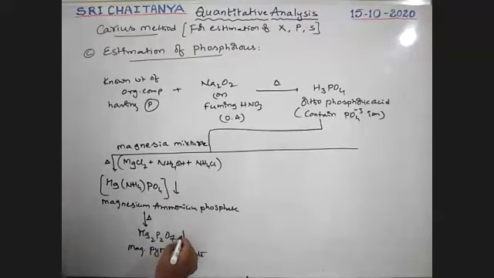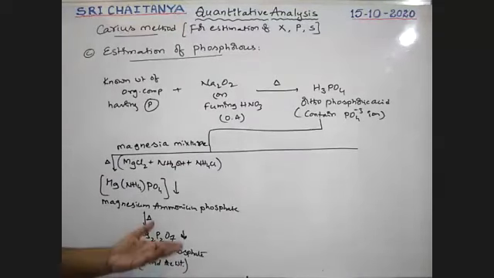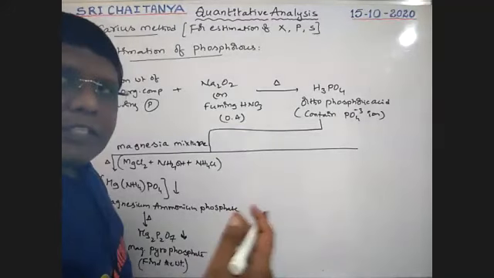It is the precipitate, boys. Finally, we have magnesium pyrophosphate. Find the weight of this precipitate. By using this precipitate weight, we can calculate the percentage weight of phosphorus.